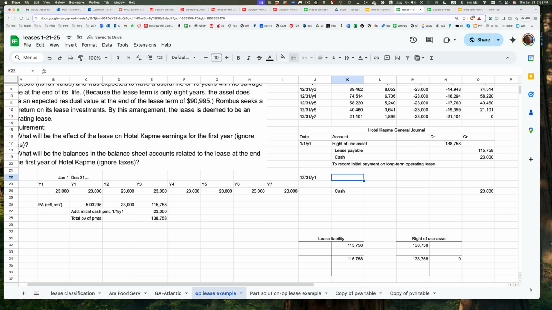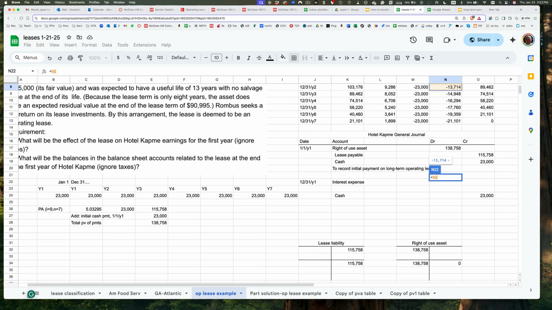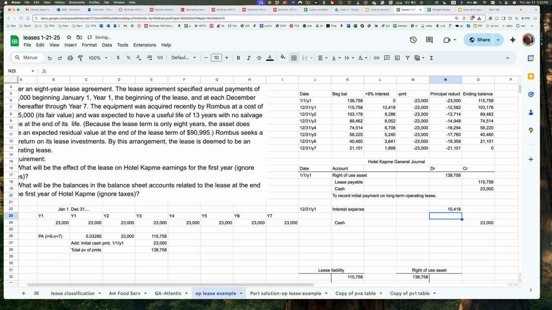We're going to have interest expense, and that's going to come from the amortization schedule up above, equals at the end of the year the 9% interest, and this is going to be a debit to lease payable for the difference, equal 23,000 minus the interest expense, to record year-end lease payment on operating lease.